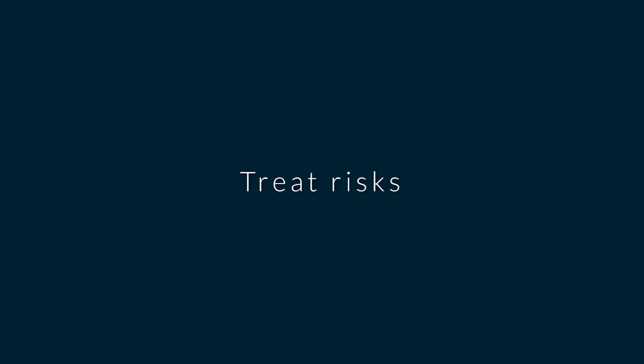Again, look, this is just a summary. You're going to look at all those in detail, but the key thing is, as you continue, you need to have all these in mind. And next, treat risks. So if you realize that you're dealing with risks that cannot be eliminated, avoided, or transferred, for example, geopolitical tension, then you need to come up with a protocol for dealing with those risks.